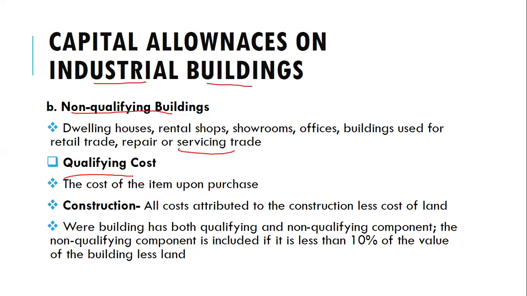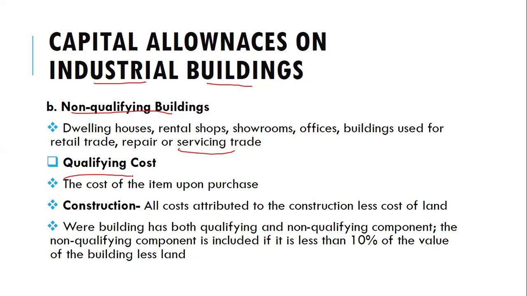But when we go through a question, you'll be able to see how we calculate, because even though I try to explain and tell you now, it won't make sense. But for the qualifying cost, if you've got a building that has both a commercial and industrial component, you need to establish whether that commercial component should be treated as an industrial component. And what's the criterion?